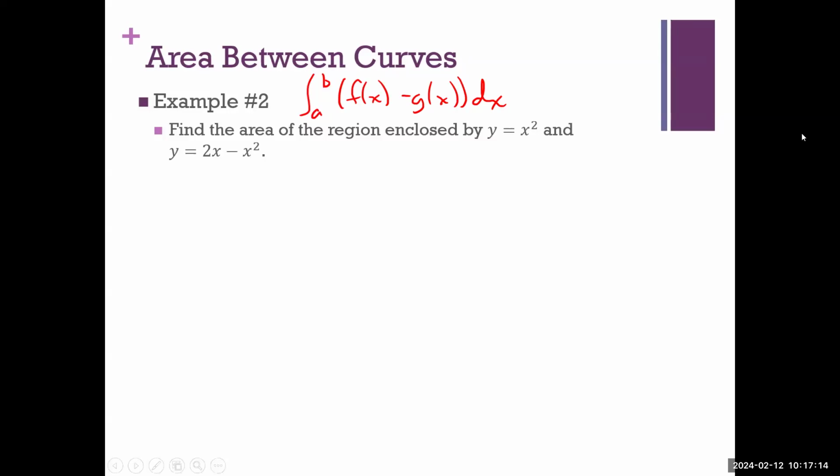How can I do that specifically for this pair of functions? Do I have any of this information yet? What do I already know? So I have my two functions, f of x and g of x.